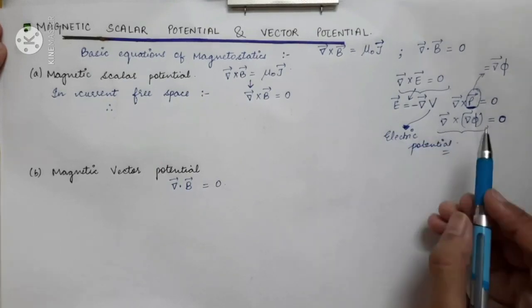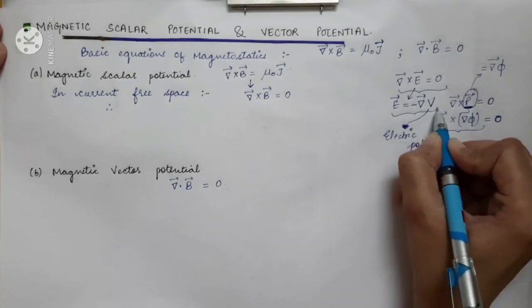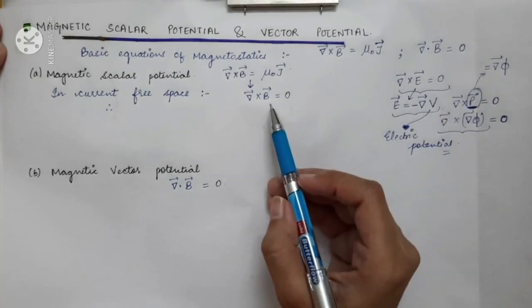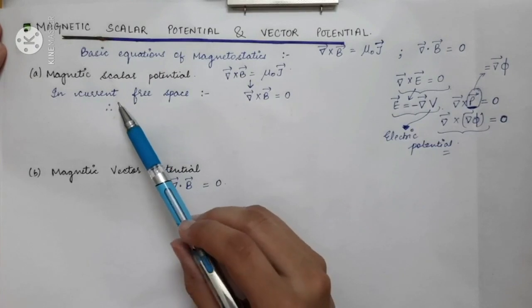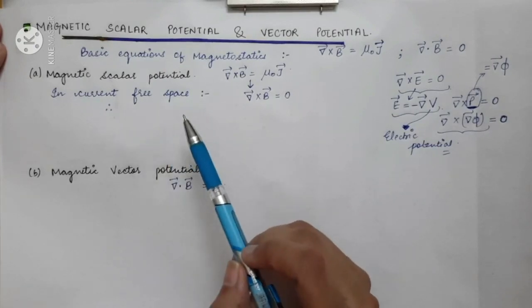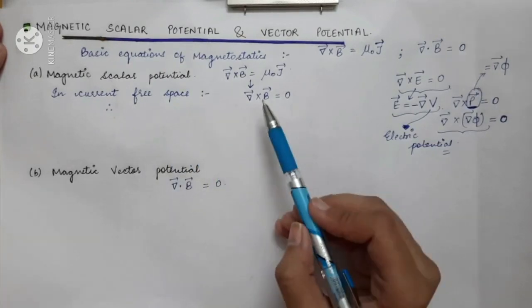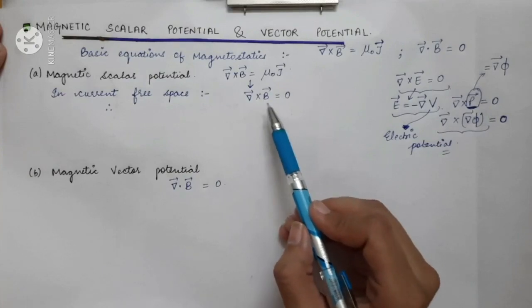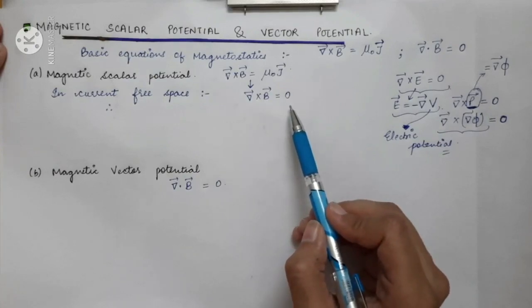This is a scalar quantity. And we can do a similar thing in the case of magnetostatics if we are talking about current free space. At points where there is no current, curl of the magnetic field will come out to be equal to 0.